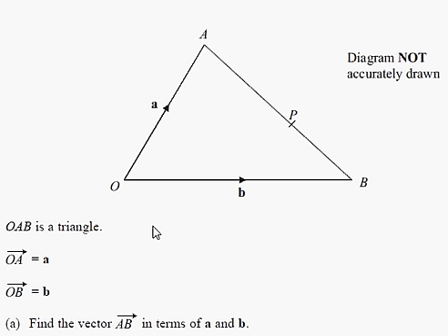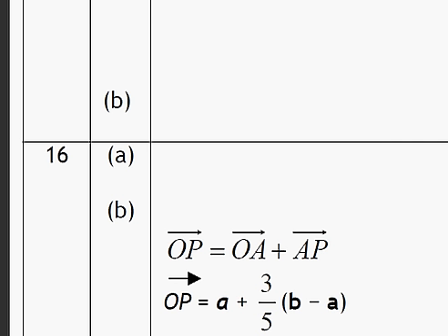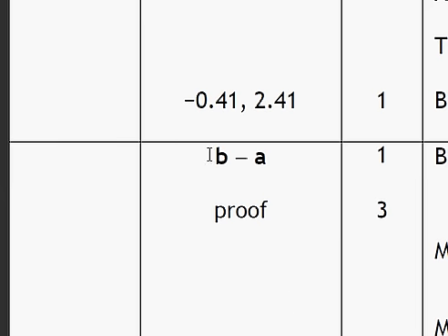And we check the mark scheme. This is question 16. Let's check our mark scheme and see how we did. That's question 12, 13, 14, 15, 16. Here we go. The final answer is b minus a, and they're just looking for some proof.